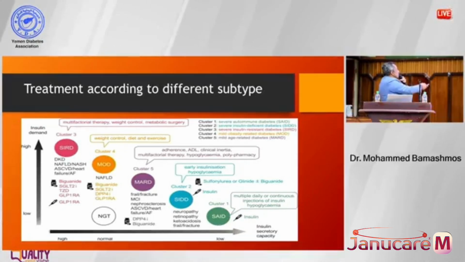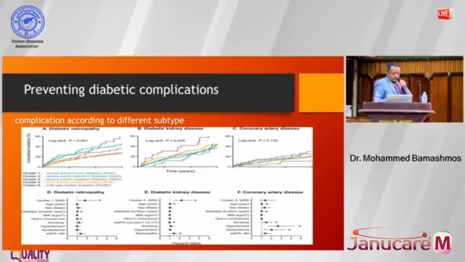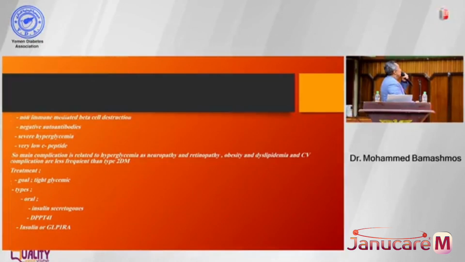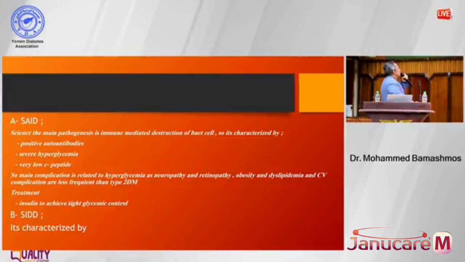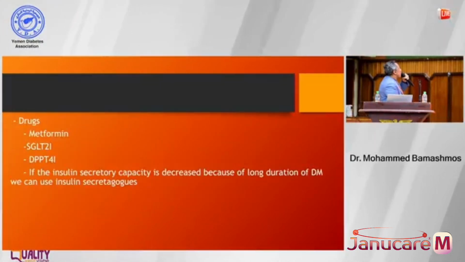The third type is severe insulin resistant diabetes, and the most commonly related complications are heart failure, renal impairment with kidney disease, and NASH. Nowadays the drug of choice for these patients is sodium glucose linked transporter 2 inhibitors plus or minus metformin.